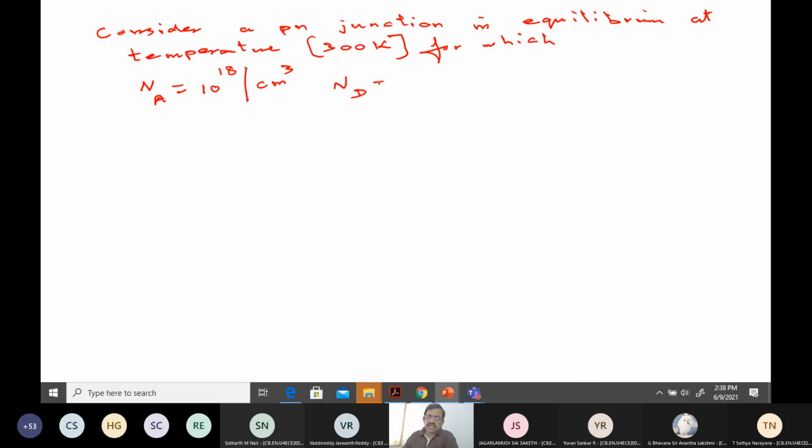Donor impurity concentration Nd 10 power 16 per centimeter cube. Cross sectional area is 10 power minus 4 centimeter square.